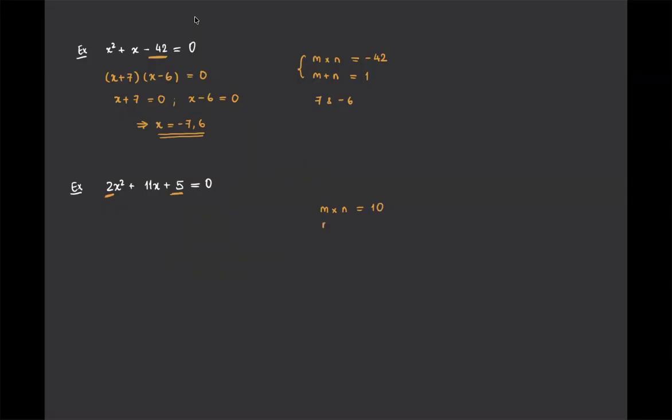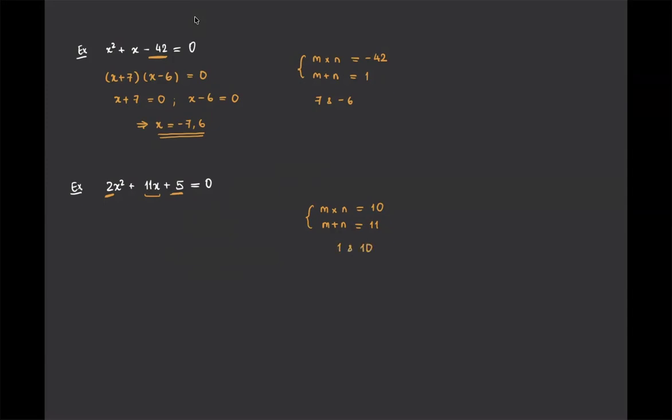And m and n add to give the coefficient of x, which in this case is 11. So after looking at the factor pairs of 10, I can see that 1 and 10 satisfy both these conditions.